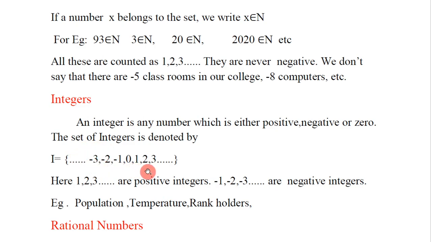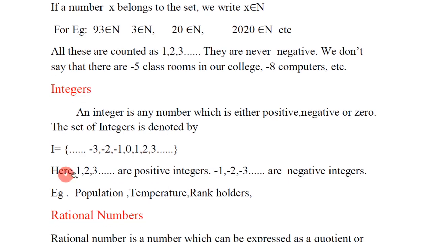Then, if we consider the number of rank holders in a college in the previous year, suppose there are no rank holders in that particular college, so we take it as 0. So there is a chance of a number being positive or negative or 0. All together they are called integers and it is denoted by capital I.